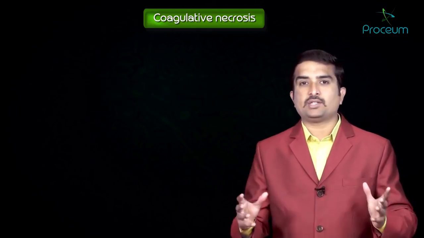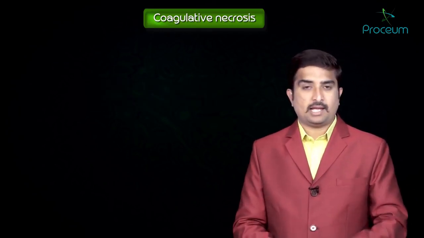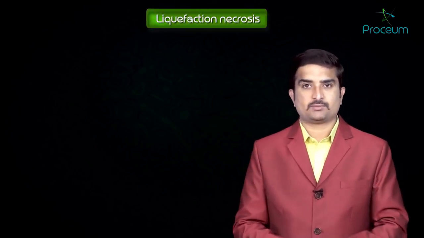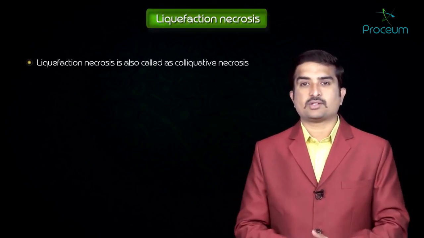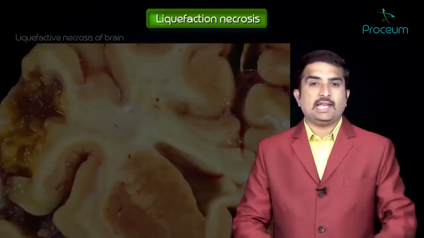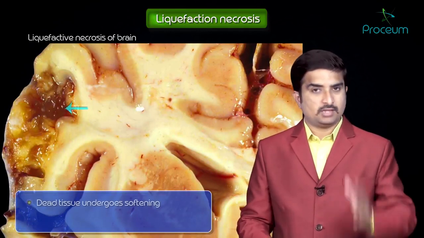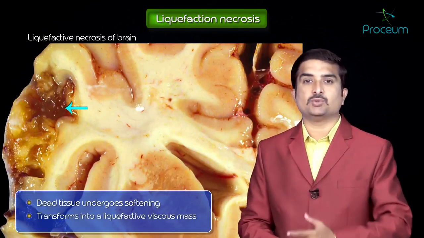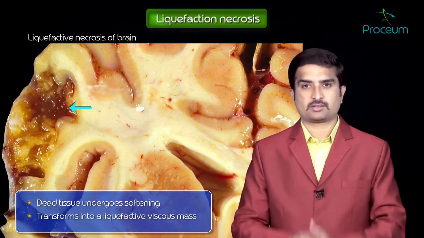And this is what there is about coagulative necrosis. And the second one is liquefaction necrosis, also called liquefactive necrosis. In liquefactive necrosis, the dead tissue undergoes softening and transforms into a liquefied viscous mass.